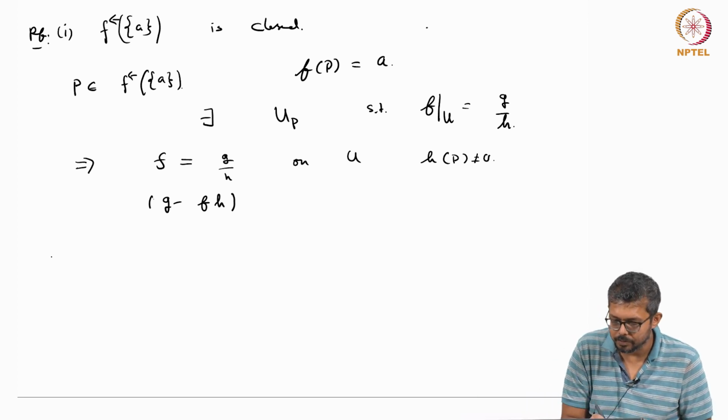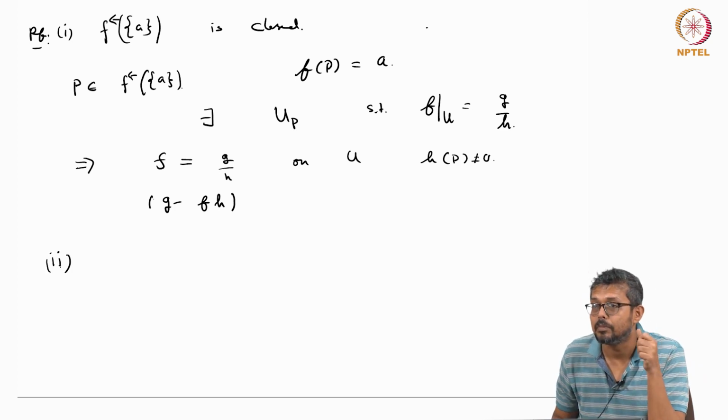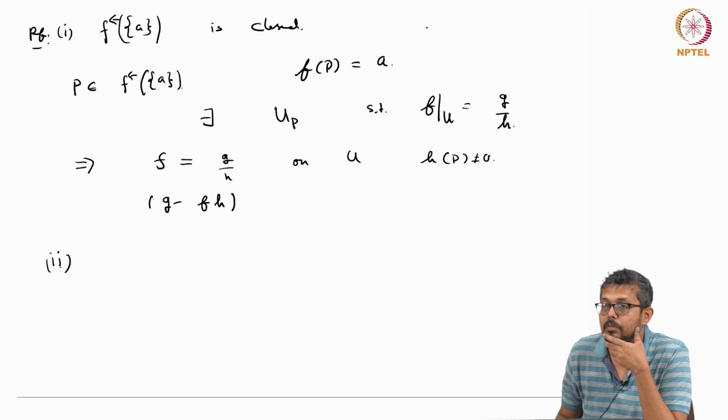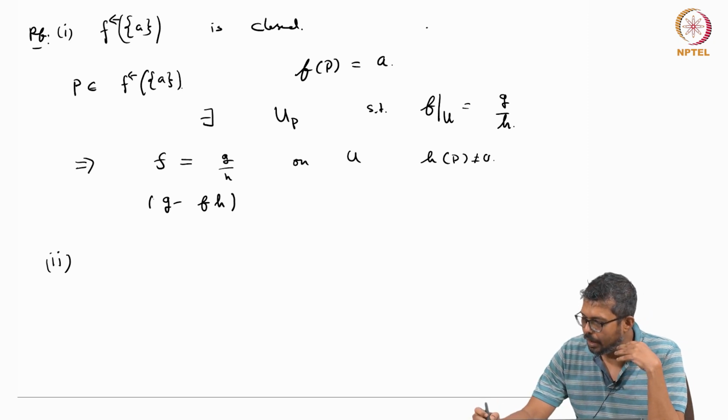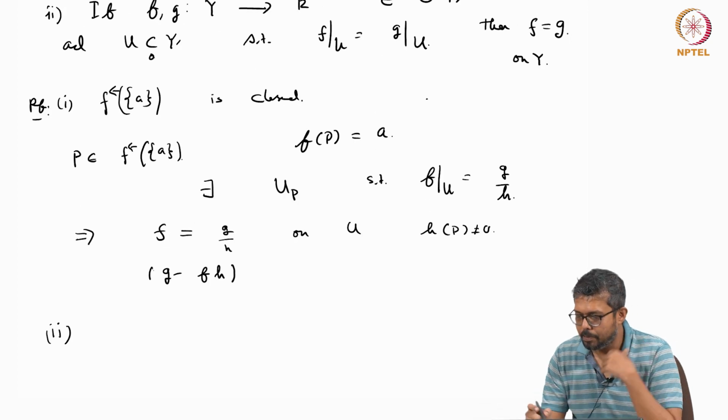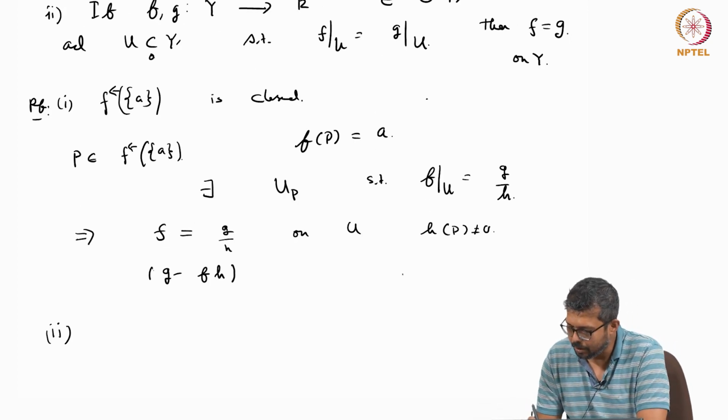How do you know that the inverse image of f at the point A is the same as the zero set here?